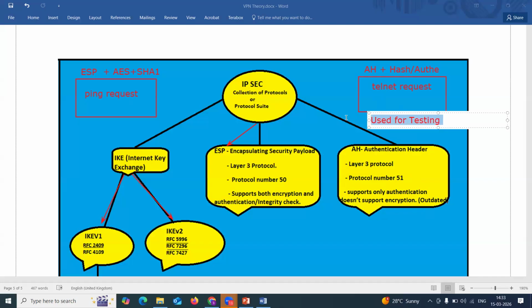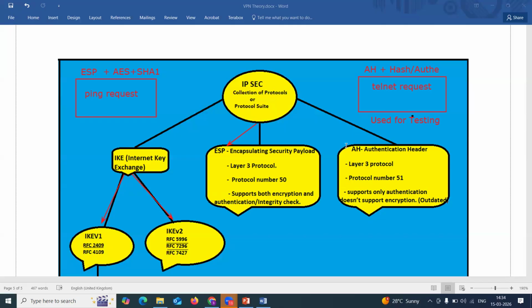Testing in the sense we basically test our packets, headers, how many size of packets are passing. Is it exceeding the 1500 MTU size or what? So I can check each and everything. And AH is also a very important protocol in real time for testing purpose. It's a very, very important point, guys.